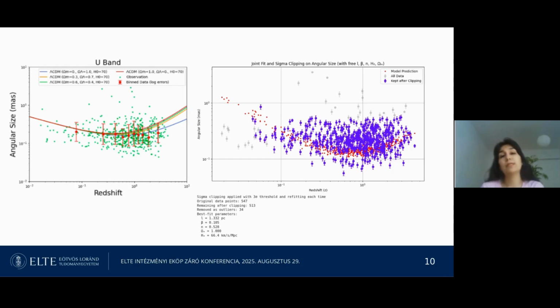You can also see binned data in red. What we are working on right now is to reduce this dispersion by using different methods like sigma clipping. And this is what we are currently trying to further verify with simulation also, as you can see in the right panel.